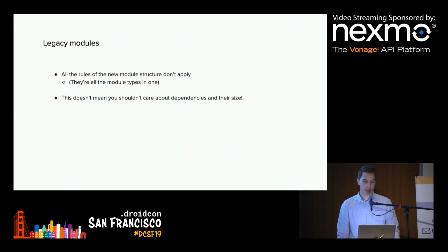The simplest solution, and the only solution that we found, is that all the rules that we have for the new module structure don't really apply for legacy modules, because legacy modules are the public, impl and impl wiring module in one. So you cannot have rules like impl isn't allowed to depend on impl. But it doesn't mean that you shouldn't think about dependencies, because they are important.